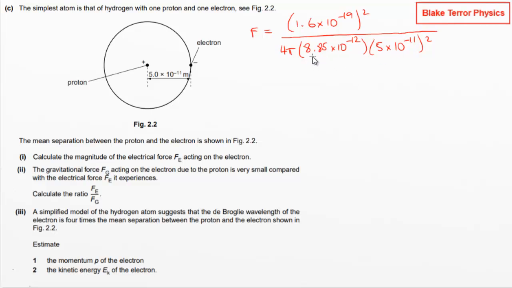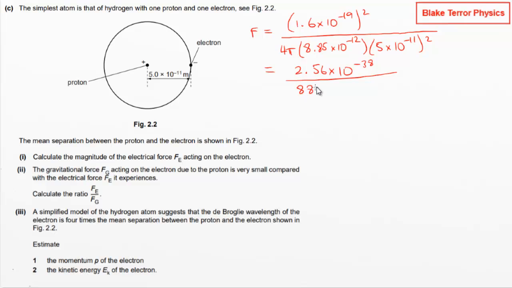All right, let's do a quick bit of simplifying before sticking all of that into the calculator. So 2.56 times 10 to the minus 38 divided by, well, 5 squared is 25, multiplied by the 4 gives 100.